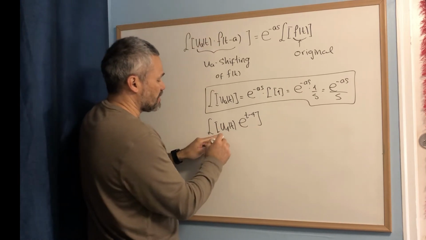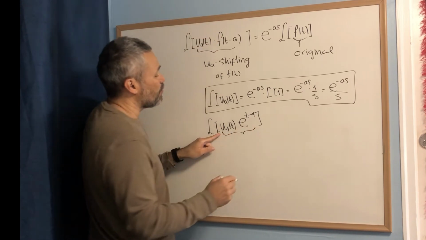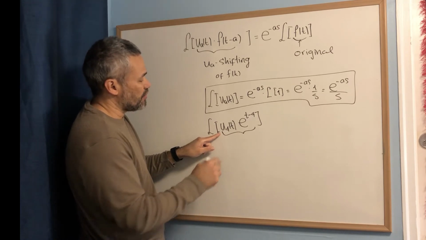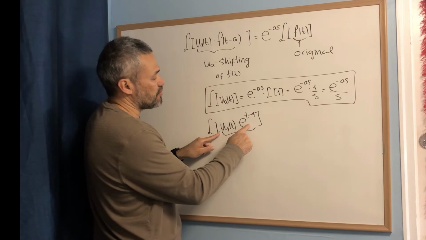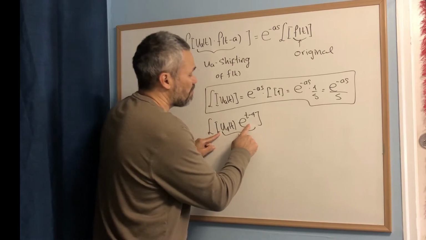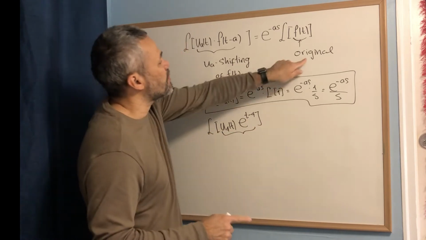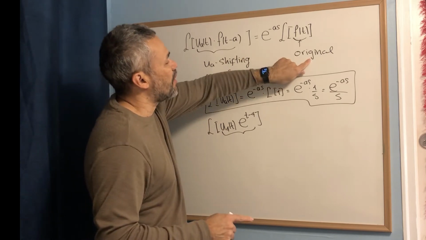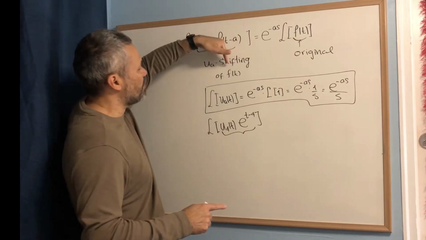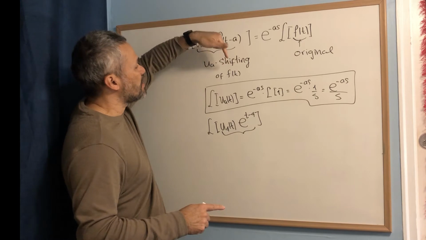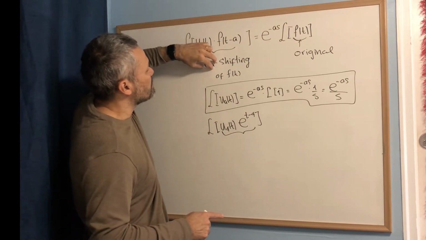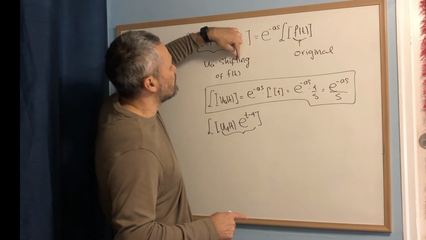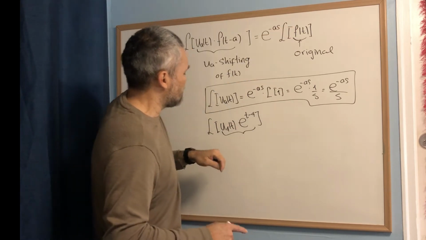Remember that if you want to find the original, the procedure is to forget about this part, and anytime you see that t here, you replace it with t plus 4. To go from the original to the shifting, anytime you see a t in the original function, you replace it with t minus a, and if you want to go the other way, you forget about this part, and anytime you see that t, you replace it with t plus a.